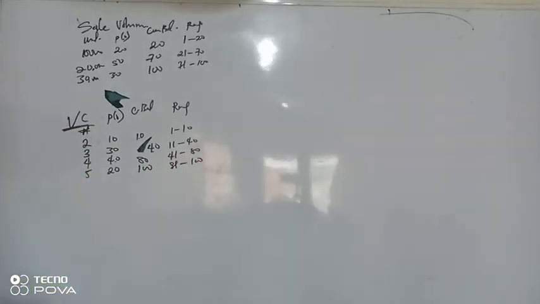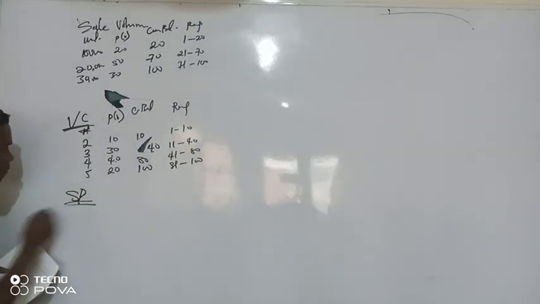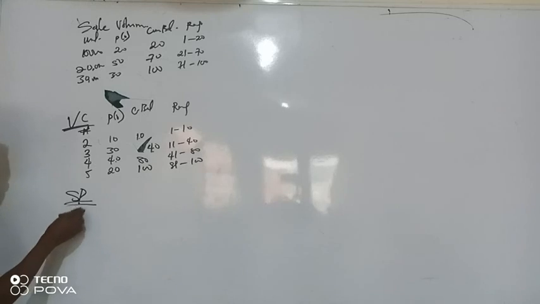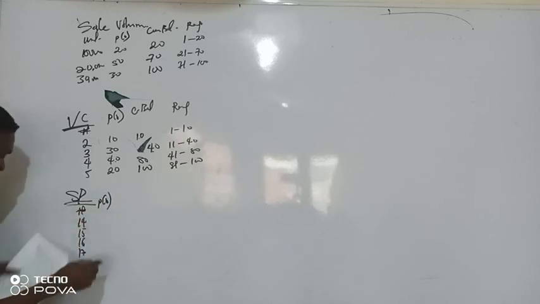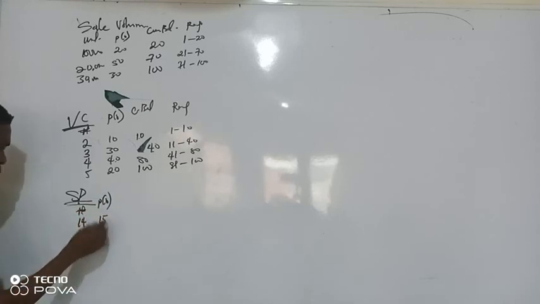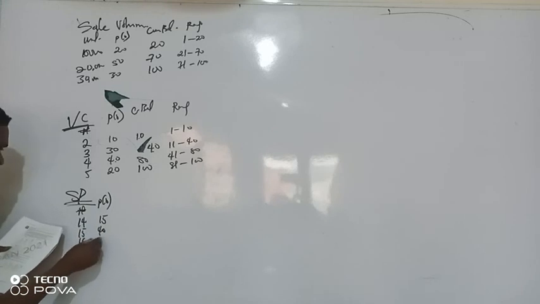Then another variable is sales price, in naira. We have 14, 15, 16, and 17. Our probabilities are 15, 40, 35, and 10.